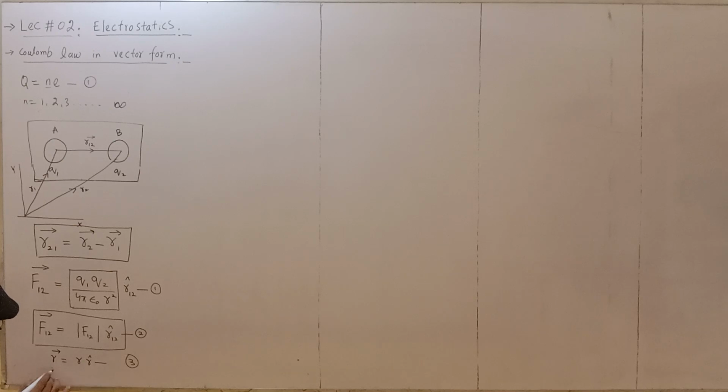So I obtain R vector divided by R is equal to R unit vector, or giving the names 1 2, here I also place 1 2, and then I put equation number 4 in equation number 1.